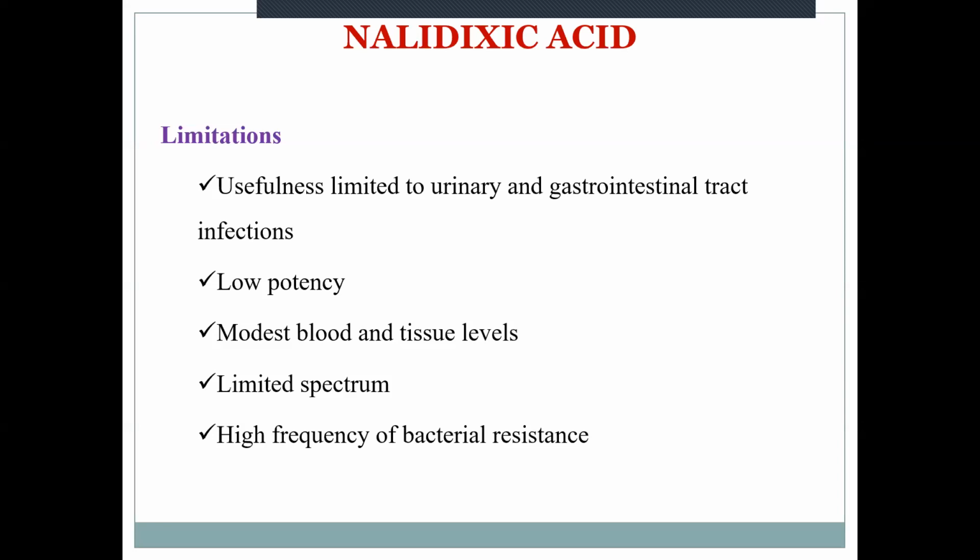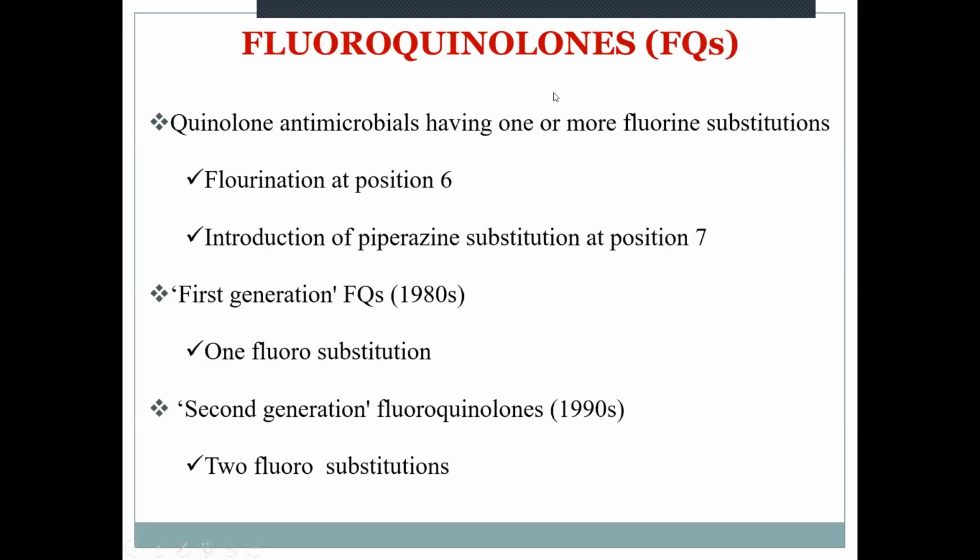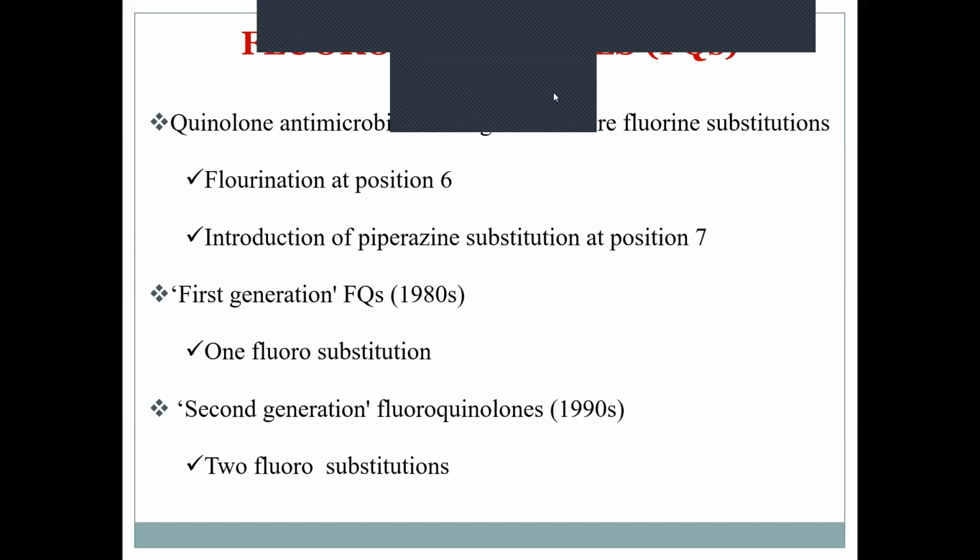This updation took place in the form of addition of fluorine groups at various positions along with addition of piperazine substitution. The compounds produced by bringing about these changes are called fluoroquinolones. Fluoroquinolones were developed in the 1980s and 1990s, and at current date they are highly effective drugs used for various infections.